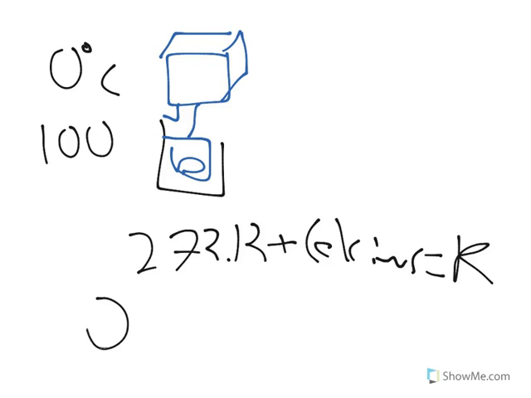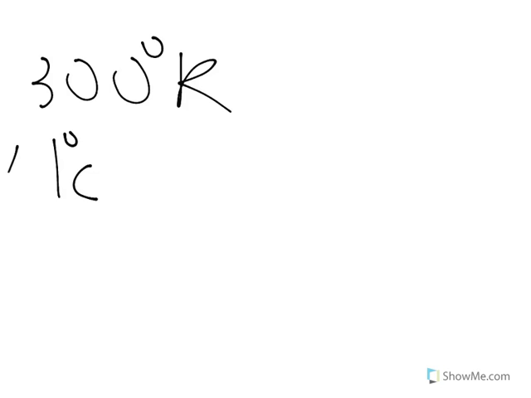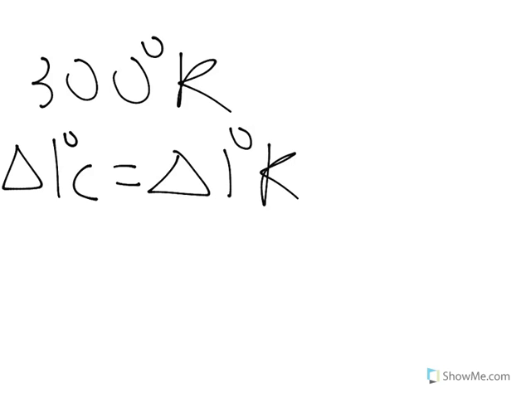And this is because 0 degrees Kelvin, rather than being the freezing point of water, is absolute zero. Now that said, this is a little inconvenient. This means even very normal temperatures, like room temperature, start off around 300 degrees Kelvin. So a lot of times we'll use Celsius. The change in 1 degree Celsius equals a change in 1 degree Kelvin. So it's easy to convert back and forth. And as a result, we'll a lot of times deal with Celsius even though technically Kelvin are the actual units.